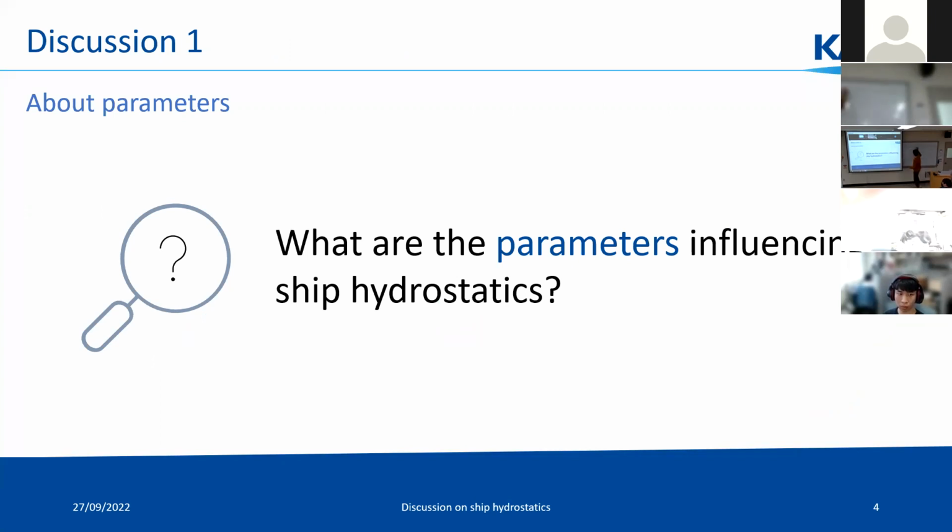Yes, center of gravity. I'll write it down first. Yes, you said center of gravity. Yes, there's the gravity.